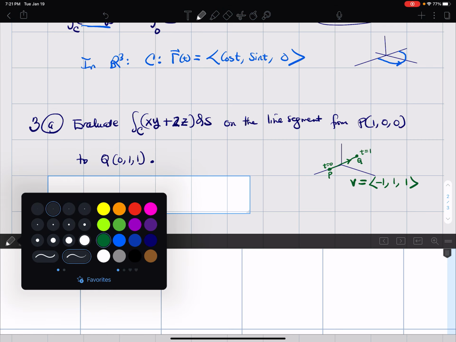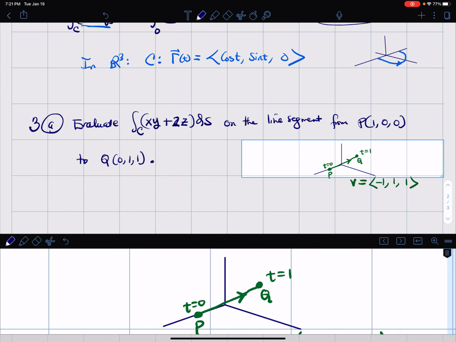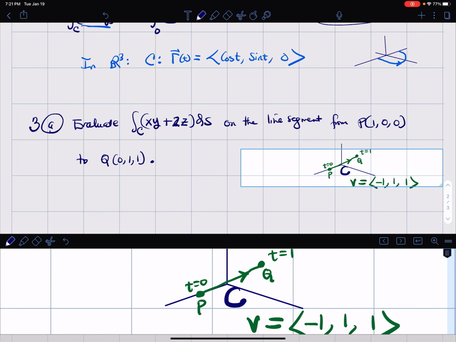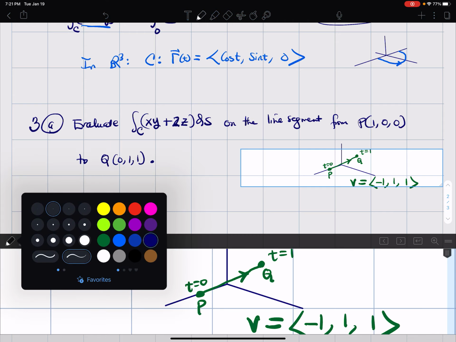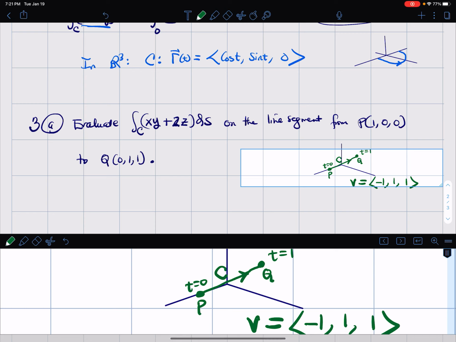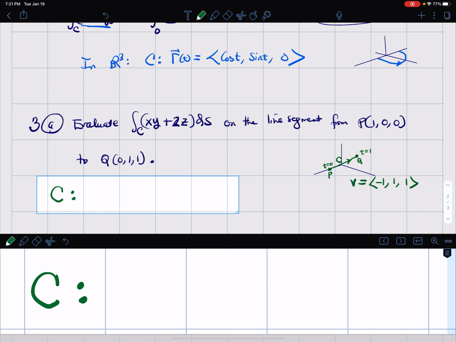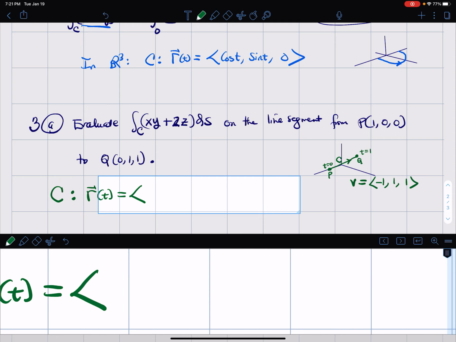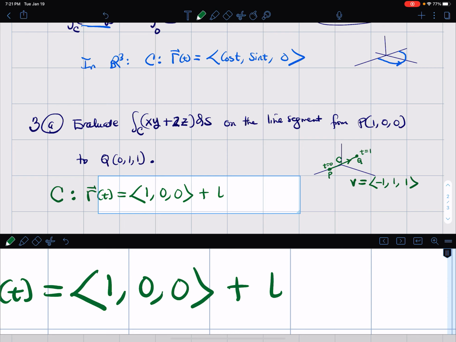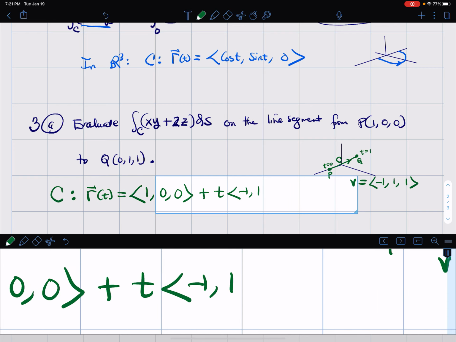So first of all, let's call this line segment r of t. This line segment is our C. So C is r of t, but r of t is the line segment that starts from P and ends at Q. So you go P, 1, 0, 0 plus t times V. V is negative 1, 1, 1.